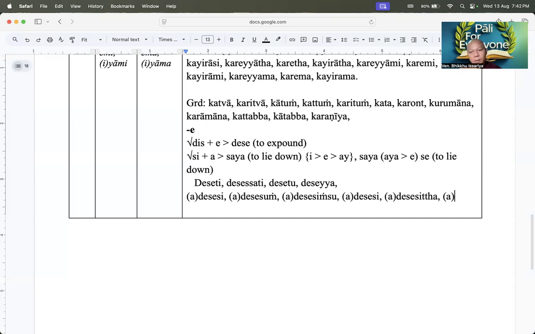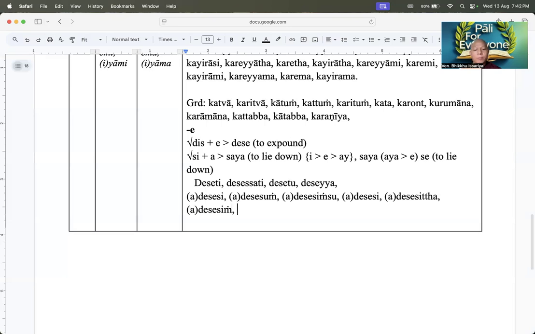And then first person singular, R, D, C, sing, R, D, C, say ma, or R, D, C, say ma, in this way.